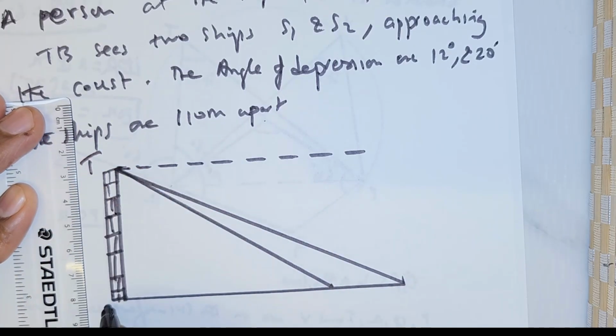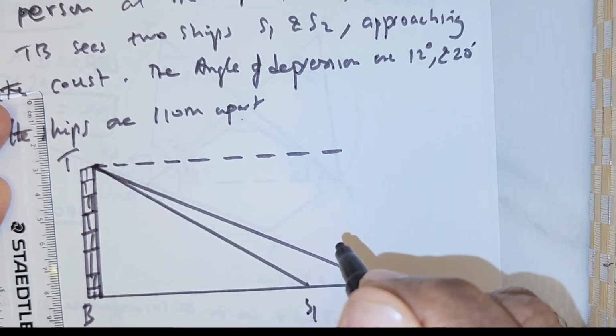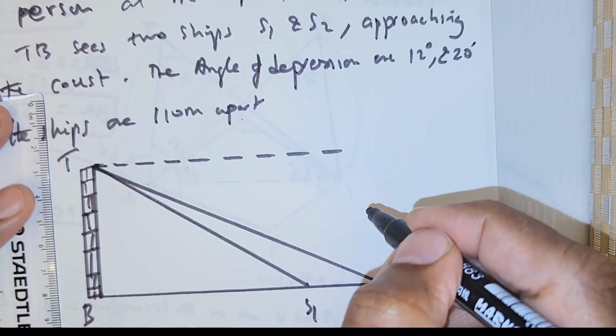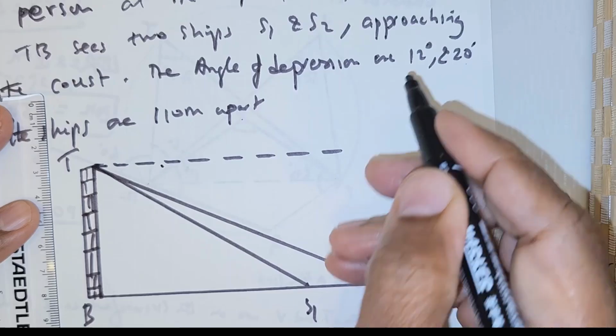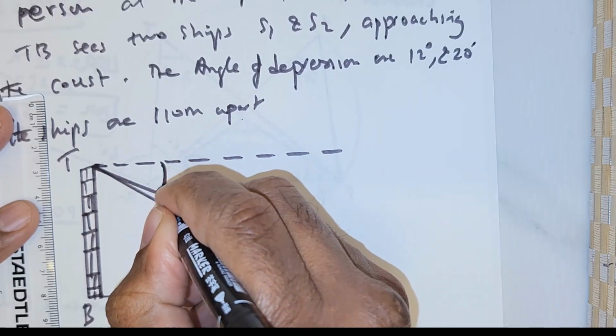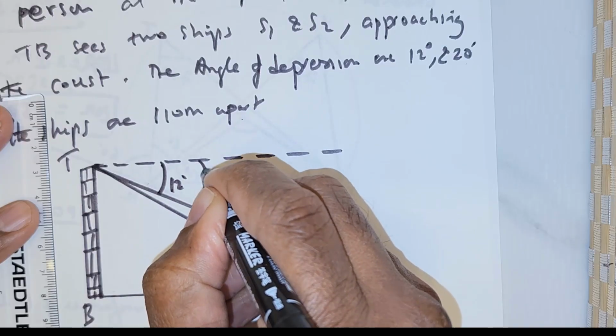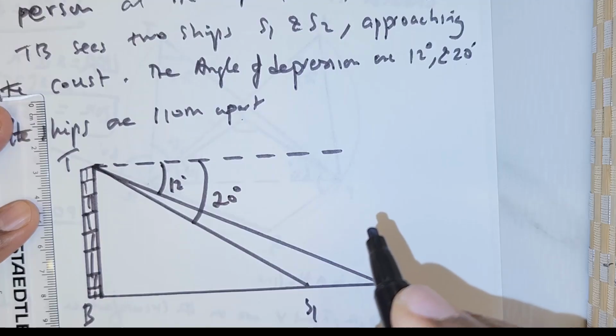So this is T, this is B, this is S1, S2. Now the angles of depression are 12 degrees and 20 degrees. So this is going to be 12, this is going to be 20 degrees.